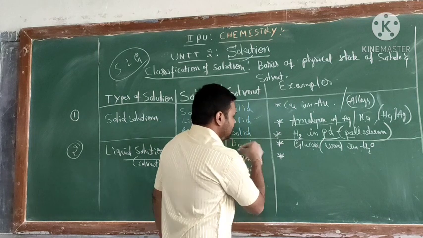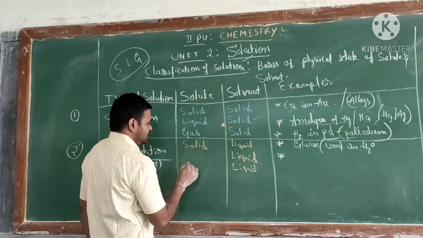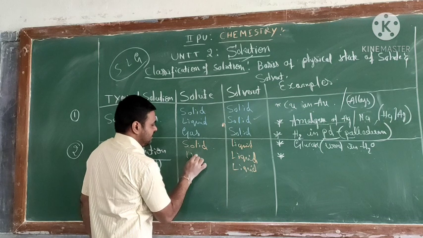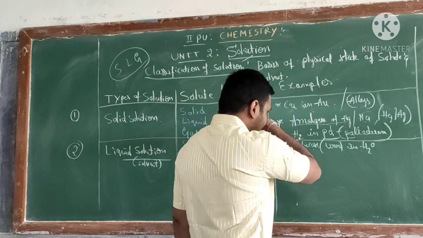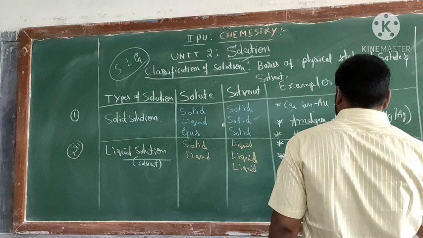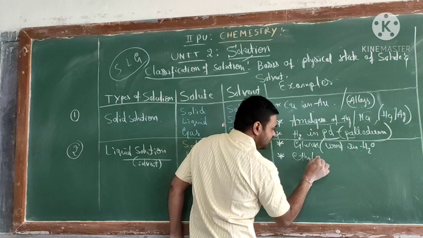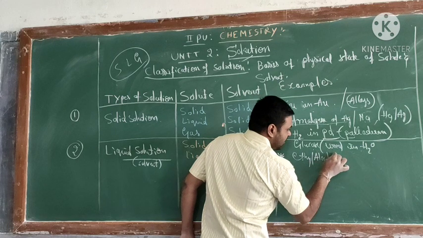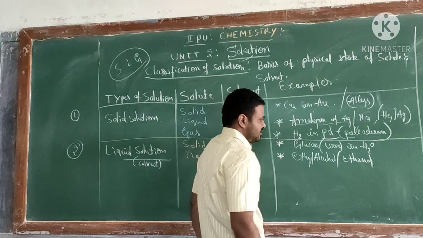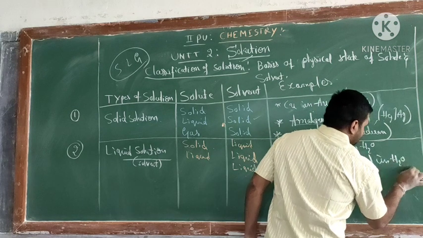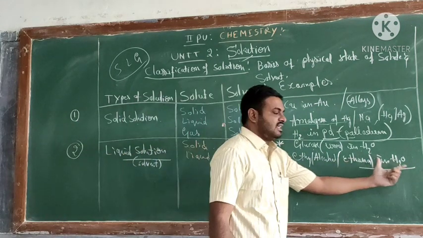Next is liquid as the solvent and the solute is also liquid. In this case we consider the example of ethyl alcohol, that is, ethanol in water. This is a liquid and this is a liquid.